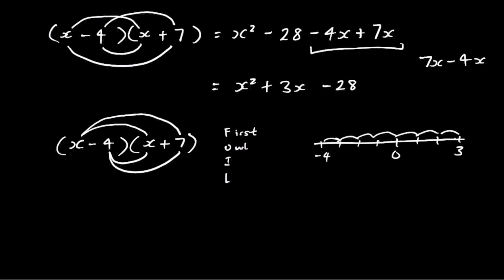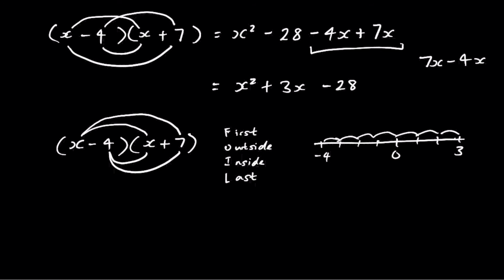The O stands for outside, so we multiply the outside parts of each bracket, so the x and the 7. The I stands for the inside, obviously the inside parts of both brackets, -4 and the x here. And then the L stands for last, so the last parts of each bracket get multiplied together.